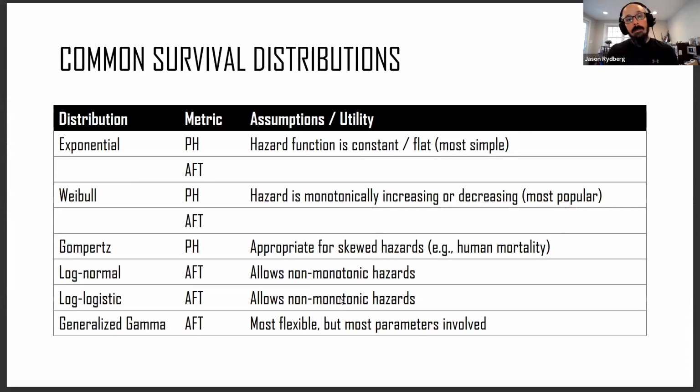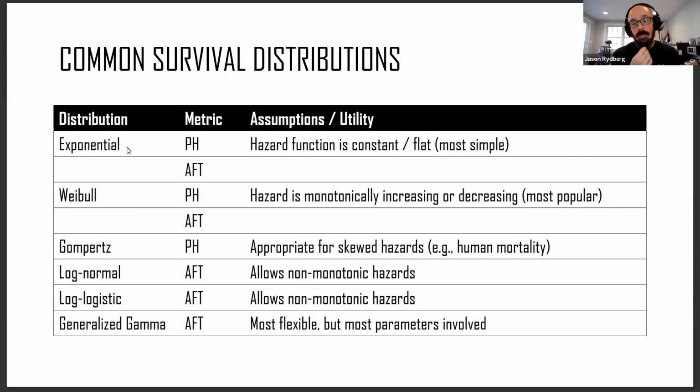So there are different distributions that are used for performing these types of survival regressions. The ones that are commonly used here are the exponential distribution, which has both proportional hazards and accelerated failure time variants.